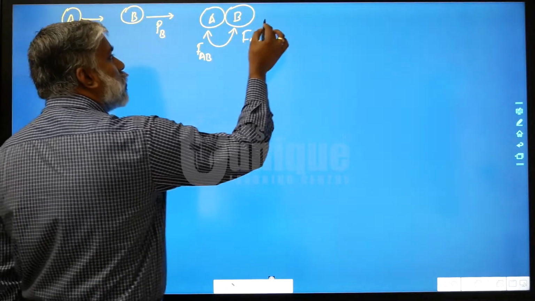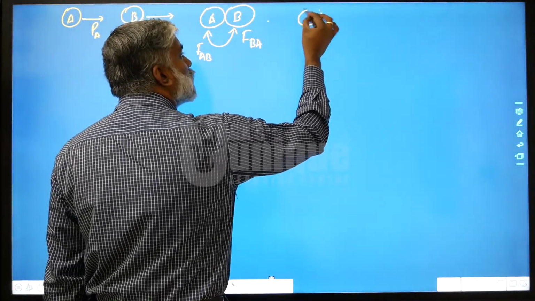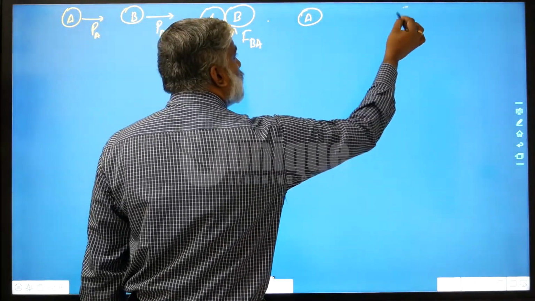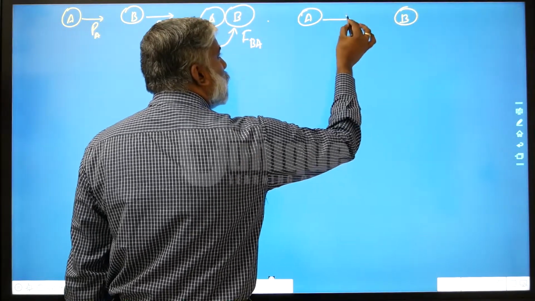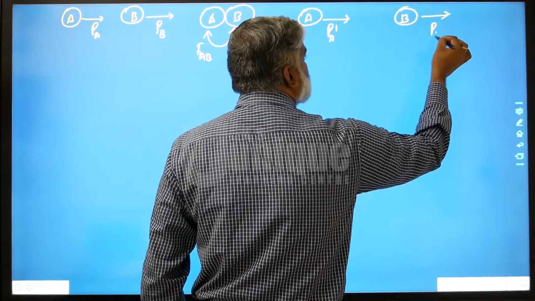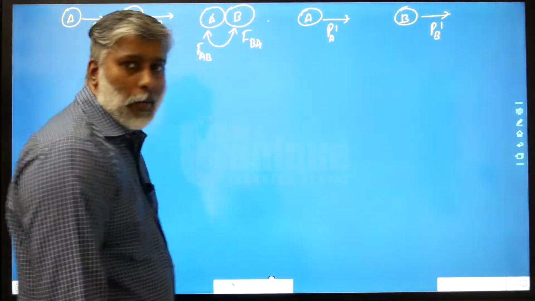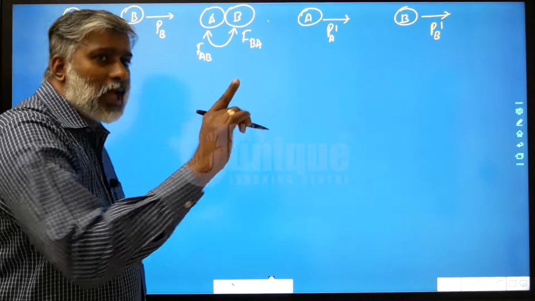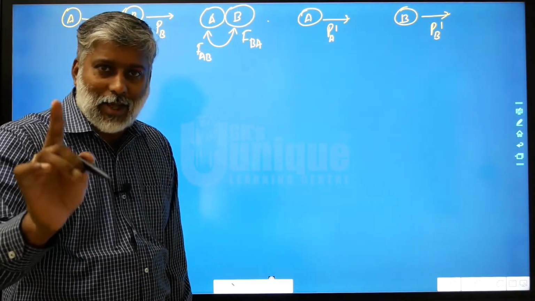Then after collision, the bodies move along the same line. The new momenta are PA dash and PB dash respectively. Then the time of collision is taken as delta t.